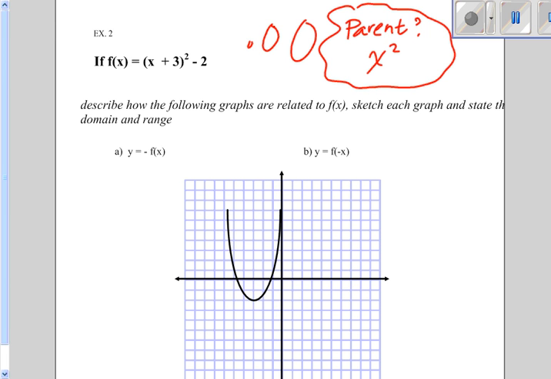I have drawn the parabola that has been moved horizontally, left 3, and has a vertical translation down 2. And I have drawn it on the graph, more or less. So this should have a vertex of left 3, down 2, f at x.